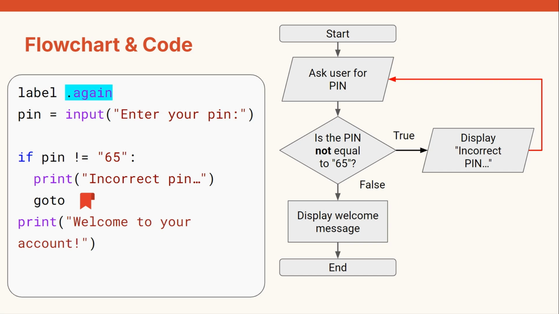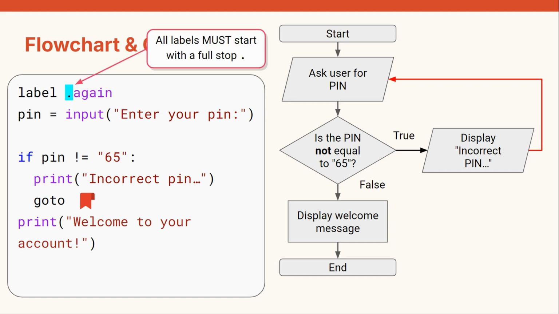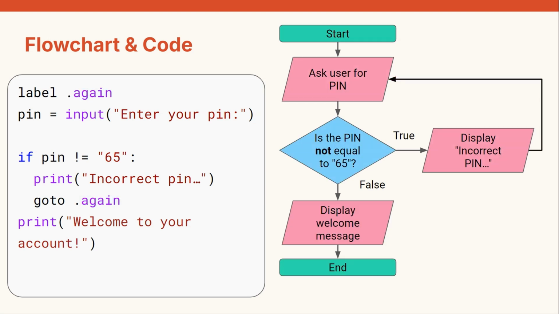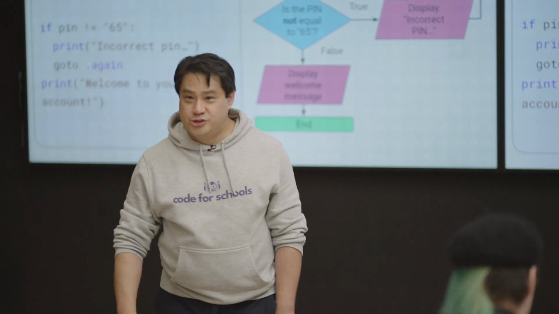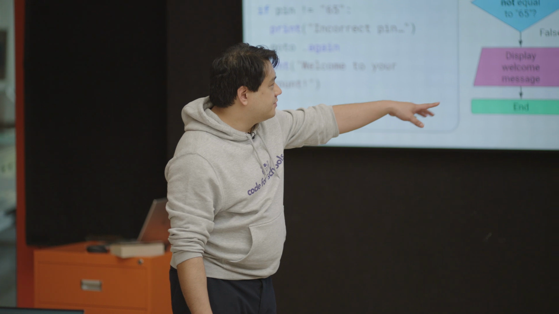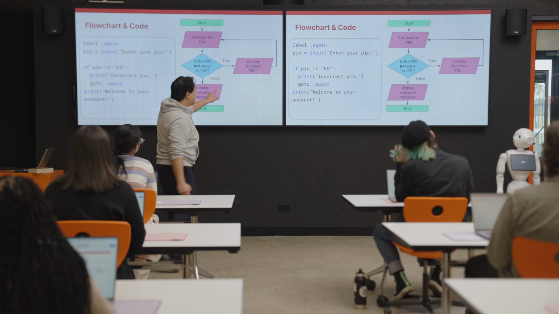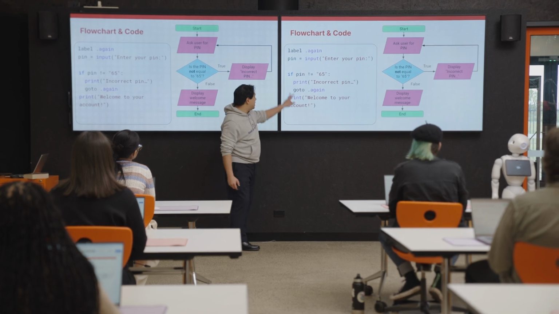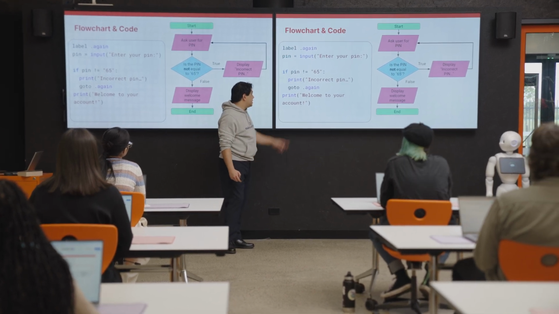Then down here, we need to use the name of the bookmark, which is dot again, and that's how we are able to close that loop and go back there. So that's how we can use bookmarks within a go-to loop to ensure that bits of our code get repeated under different conditions. We don't always want to repeat, but we can go back under certain conditions.